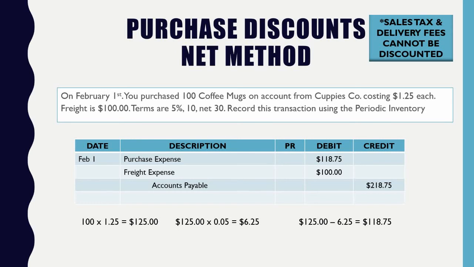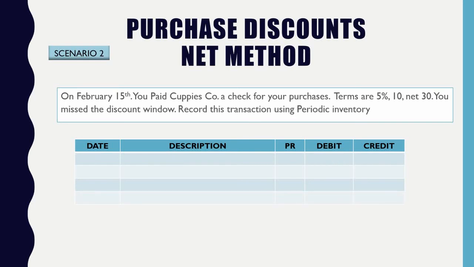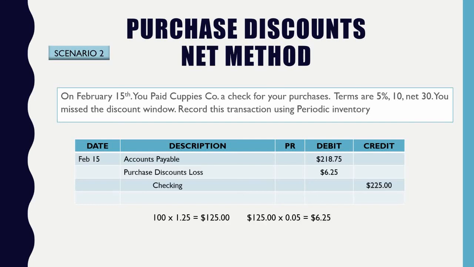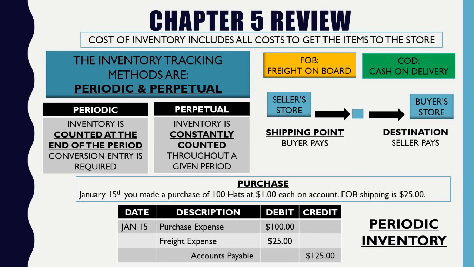So make sure you know how to journalize this, okay? I'm not going to test you so much on the payment itself, just making sure that you know how to add in the discount when you journalize for the net method. Okay, and that's it for chapter 5.1.